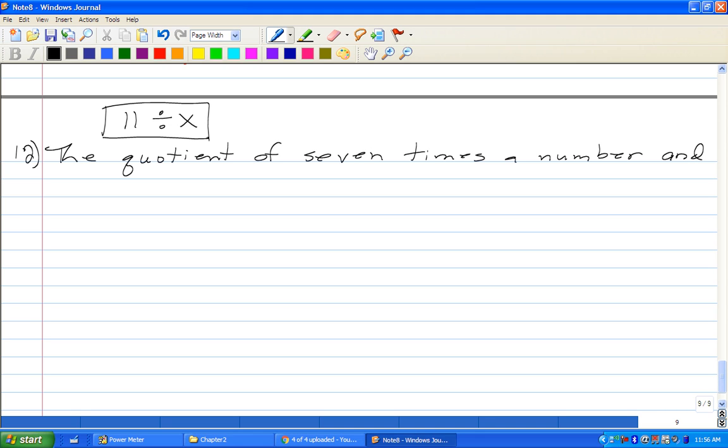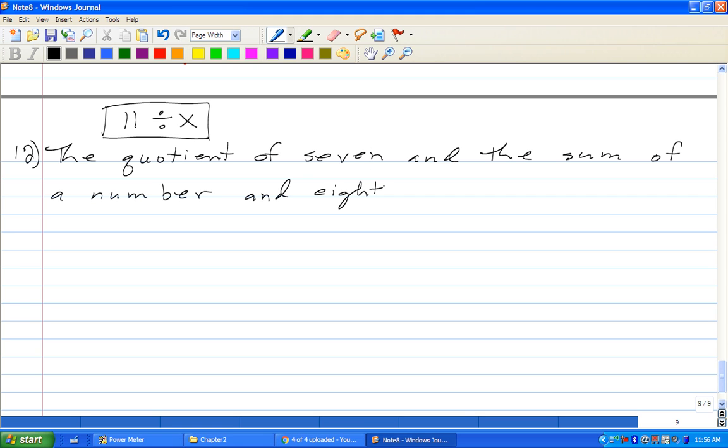The quotient of 7 and the sum of a number and 8.